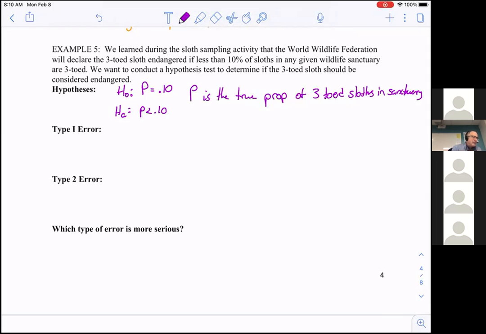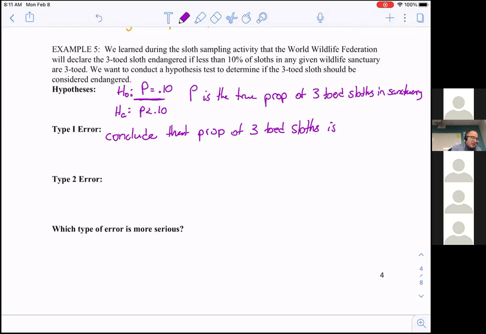I got to the point where I started to picture it on a bell curve to see where it landed. So in a type 1 error, we would conclude that the proportion of three-toed sloths is, so if we reject my null, I say my null is that it is 10%.